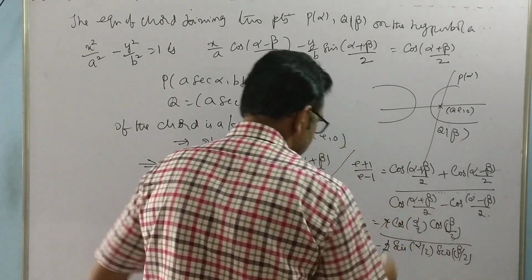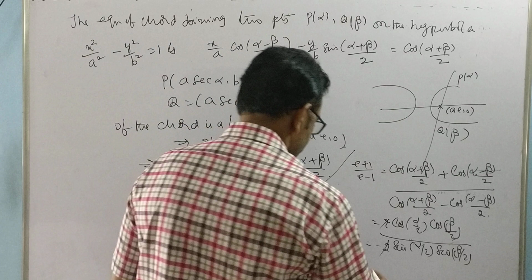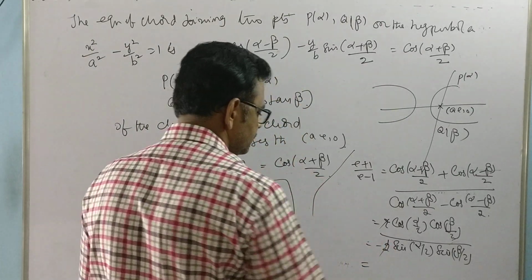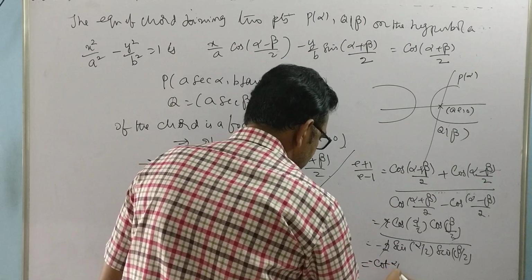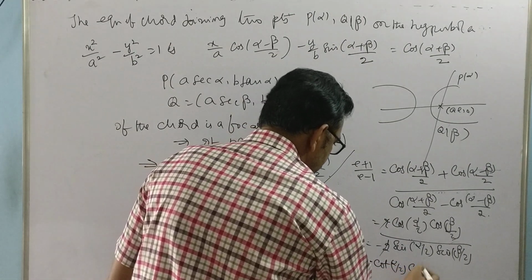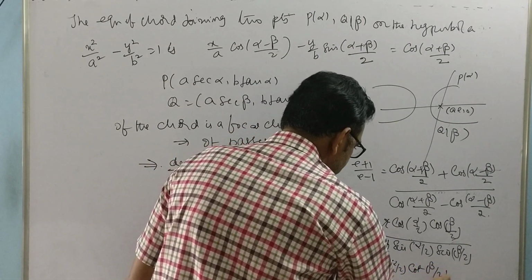So 2 gets cancelled, and this is minus cot alpha by 2 into cot beta by 2.